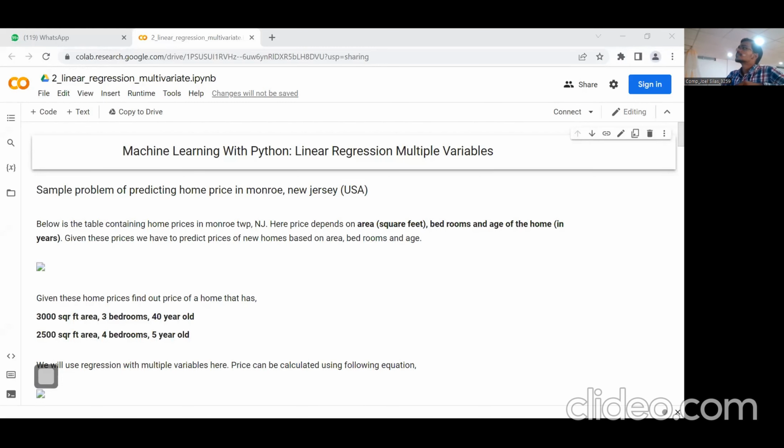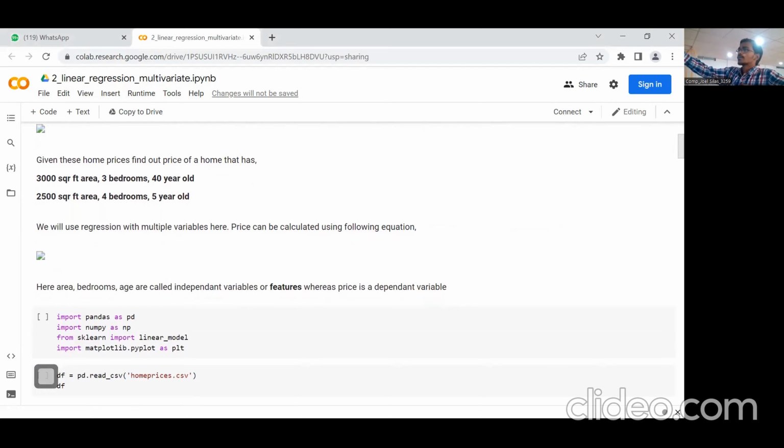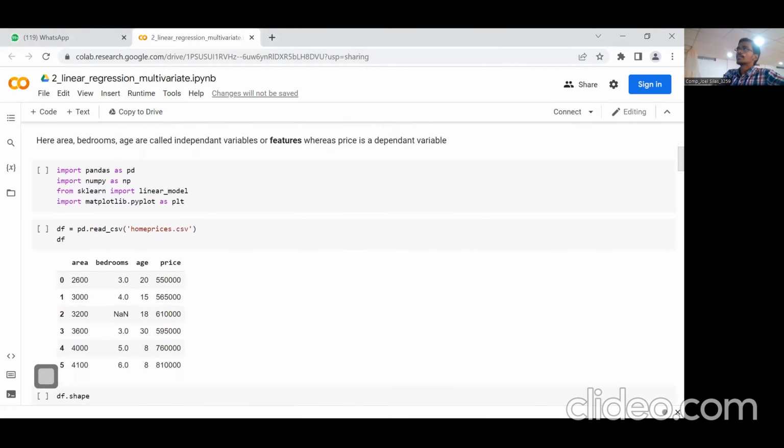So here, this is a machine learning example of linear regression with multiple variables. The sample problem is to predict the home price located in New Jersey. So here we'll import the libraries: pandas as pd, numpy as np, and from sklearn we'll import linear model. Why do we need this?